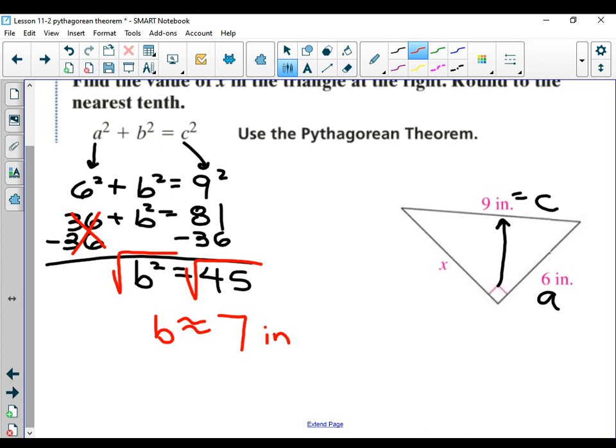So that's why I gave you that list from yesterday. I'm trying to help you, I'm not trying to torture you. You can just go to your list and see what 45 is close to. You're following okay? Ready for the next one?